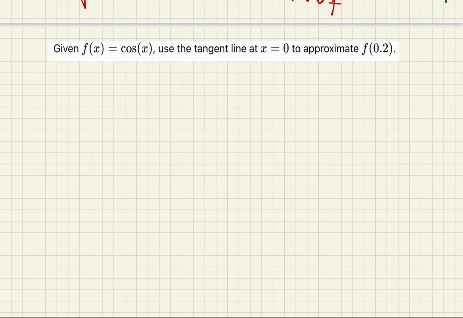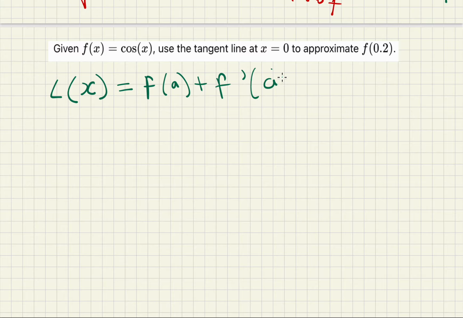So here we have given f of x equals cosine x, using the tangent line at x equals 0, approximate f of 0.2. So for this, we can simply, again, start with our formula, which is L of x equals f of a plus f prime of a times x minus a.